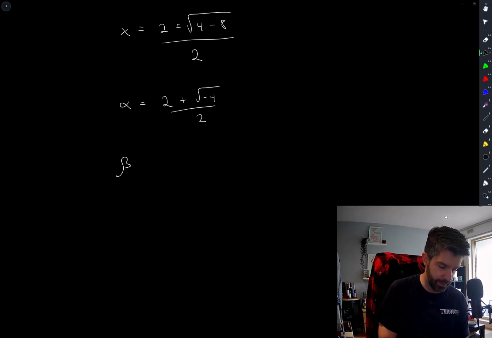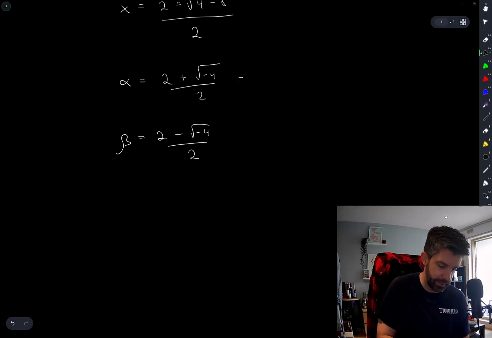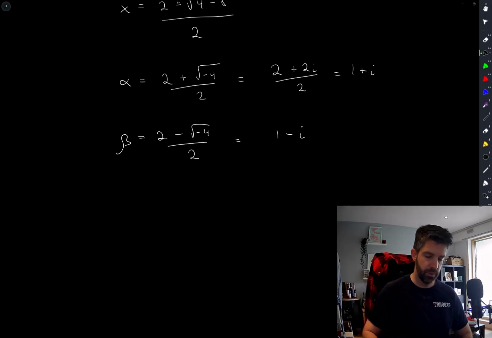And so beta is 2 minus the root of negative 4 over 2. But this alpha is, of course, 2 plus 2i over 2, which is equal to 1 plus i. And beta will be equal to 1 minus i. Okay.